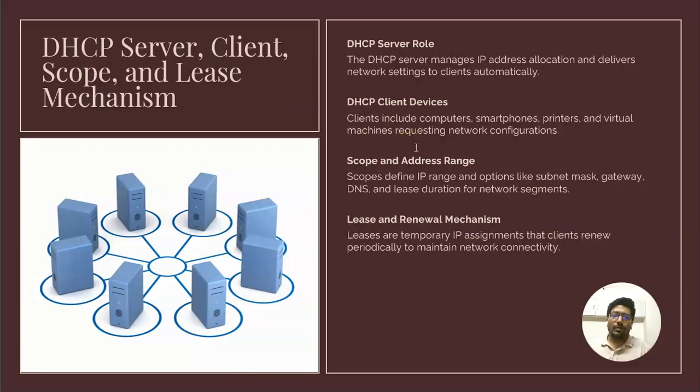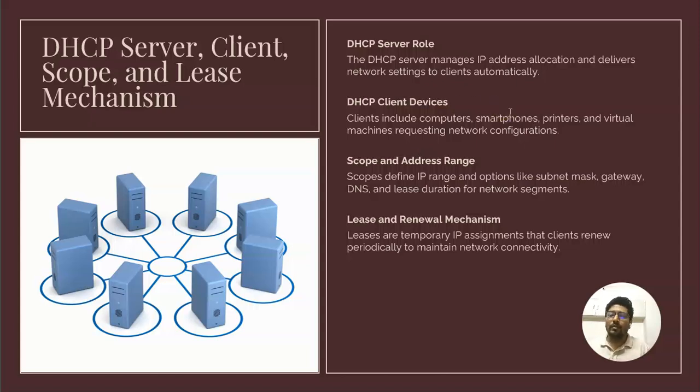Now we are trying to understand a little bit about what things are involved in DHCP. Mainly, the server role is there, and the DHCP server role is very important. The DHCP server manages the IP address allocation and delivers network settings automatically. Similarly, there is a client as well.